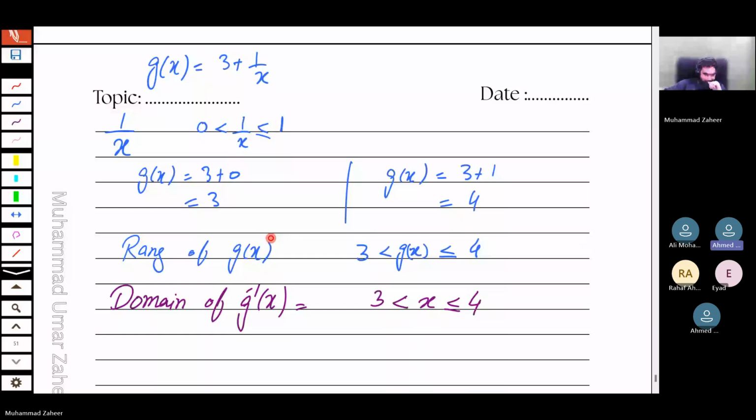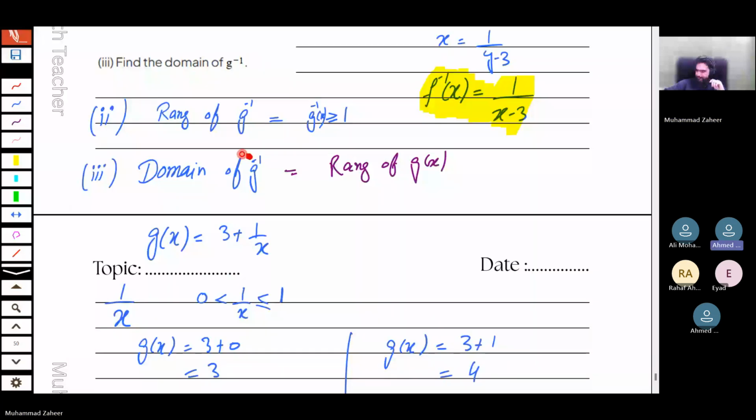How do we find the domain? Not the domain of g of x, but the domain of g inverse. For the domain of g inverse, we need to find the range of g of x.